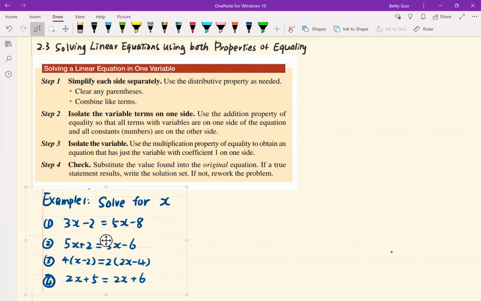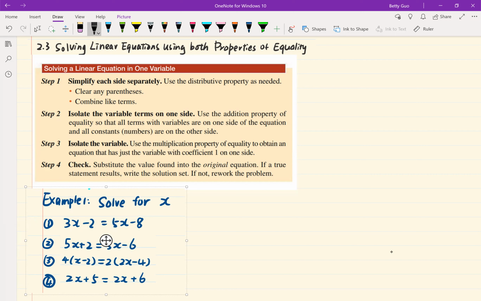Step 1, simplify each side of the equation separately. Step 2, either use the addition property, or transposition of terms to collect variable x on the left. Step 3, combine the like terms and isolate x on the left.